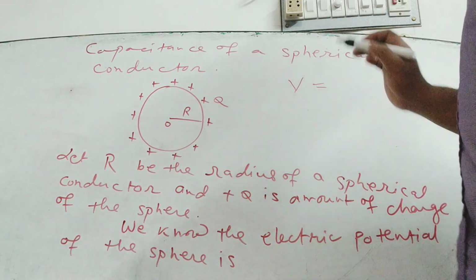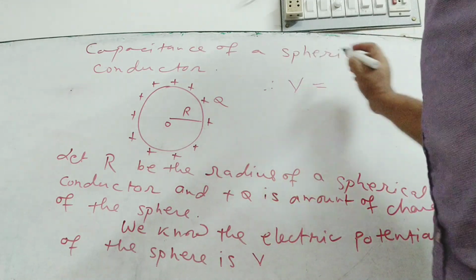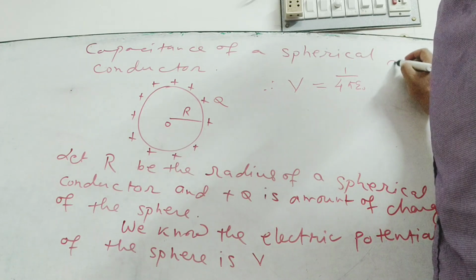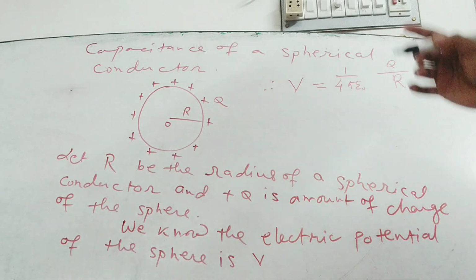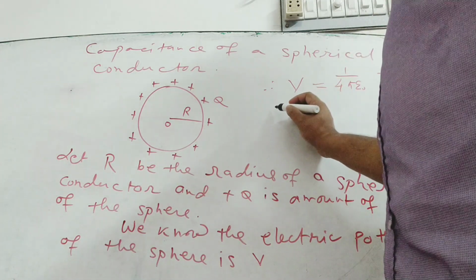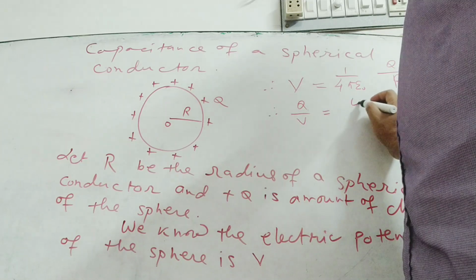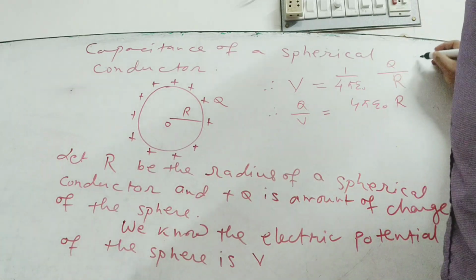V is equal to 1 by 4 pi epsilon 0 Q by R. Therefore, Q by V is equal to 4 pi epsilon 0 capital R.